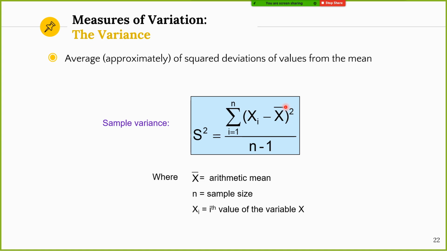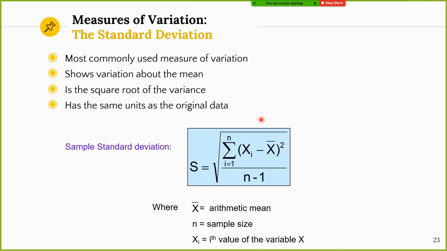You have the square here. So you see, you have X minus X bar, how far you are from the mean. Okay, this is the variance.